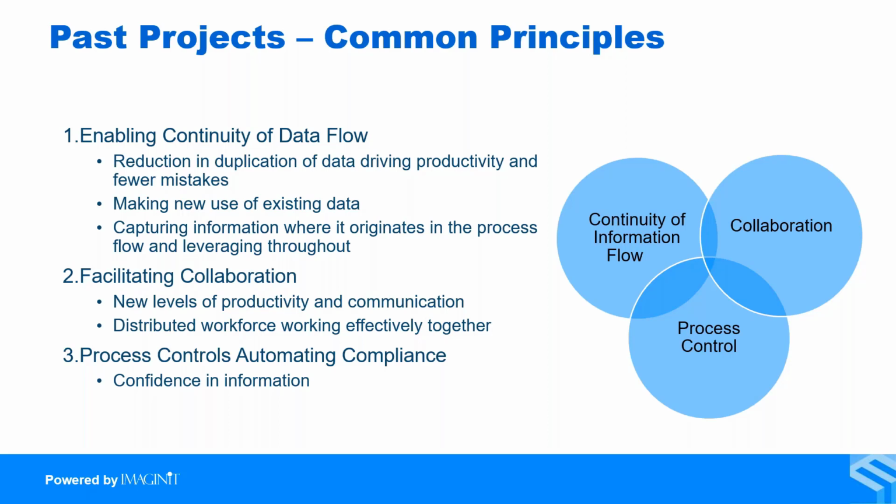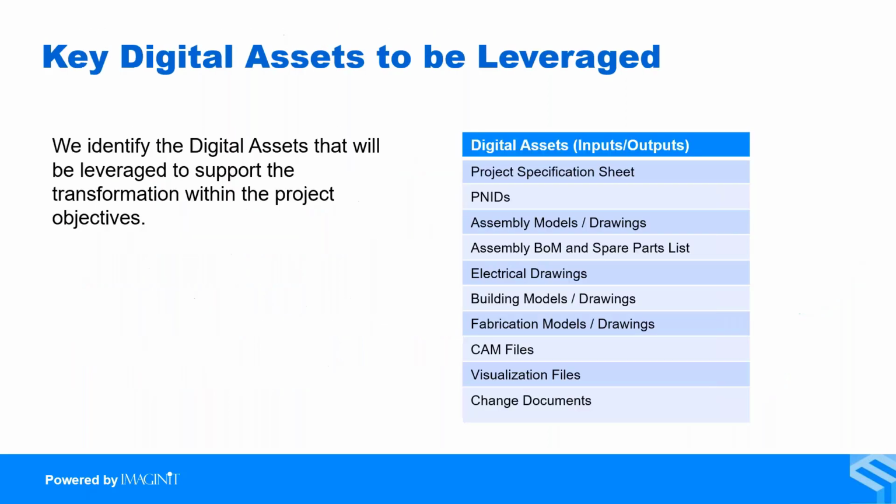We also want to provide process control so that as our engineering service providers check those files into our system, they can't review or approve those outside of their own areas of responsibility. And by the nature of what we're doing, by allowing our organization to work with our engineering service providers productively, we are facilitating collaboration. So having some core principles like these to help drive the solution definition is very helpful.